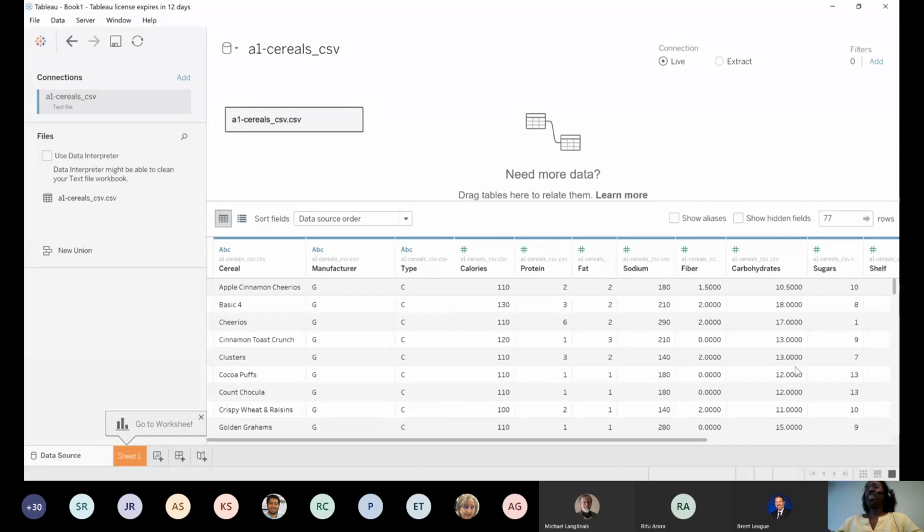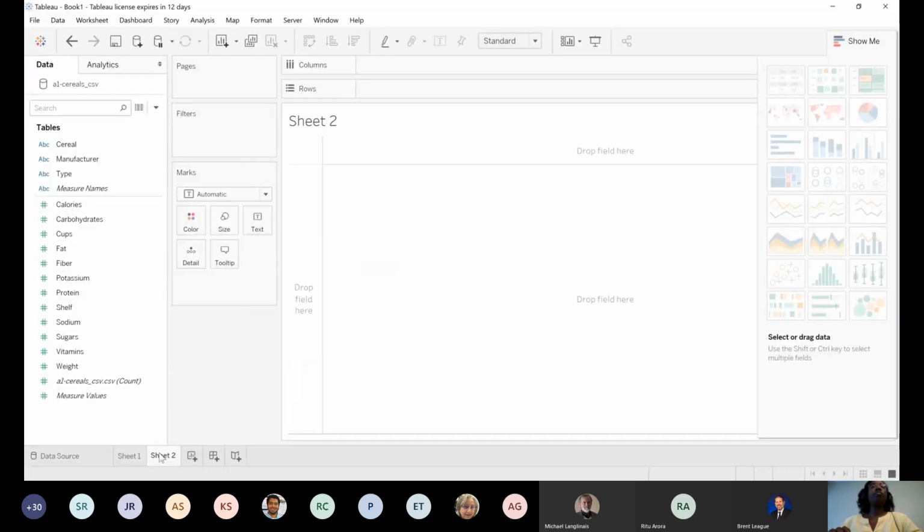Okay, so we have our data that has been read in, and it's recognizing it. What we want to do then is to create a spreadsheet or a worksheet. As you can see, all of the variables are listed here. This gets back to one of those worksheets that I was working with, where it said to categorize the data.